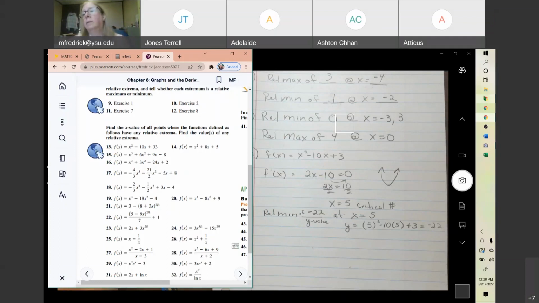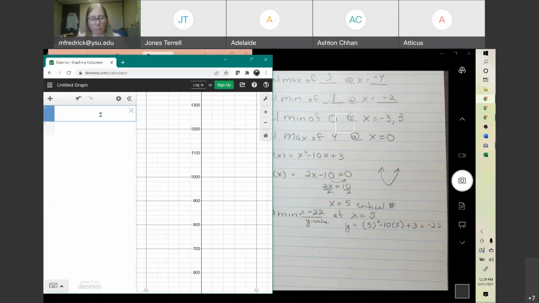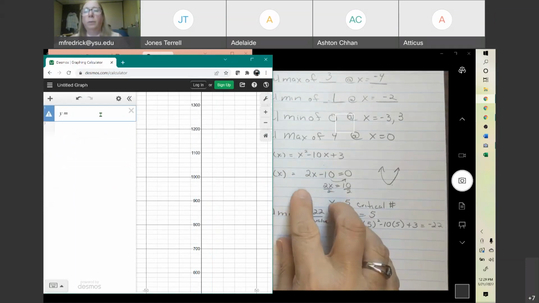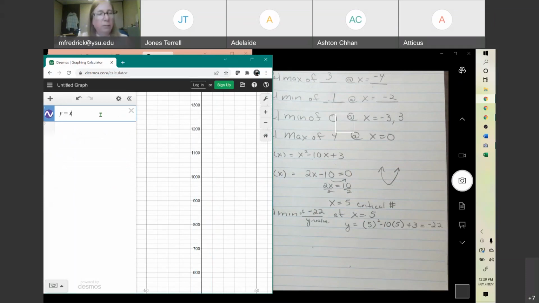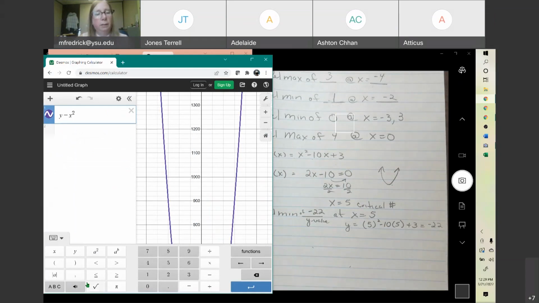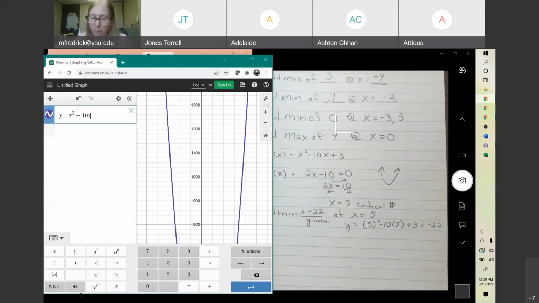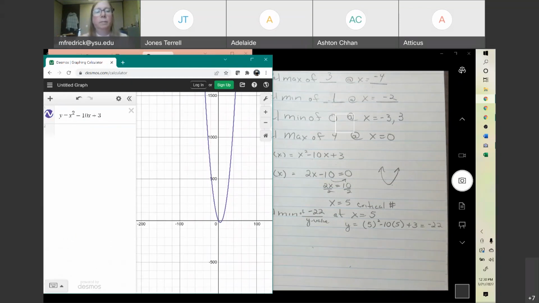So if we go to Desmos, and we graph it. Now you want the one before the derivative, so y equals x squared minus 10x plus 3, and we have our parabola.